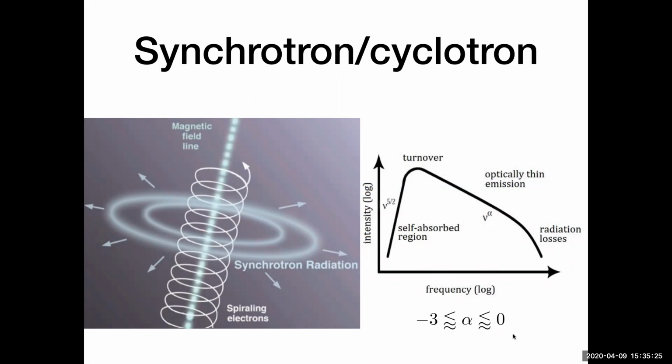And there's some equation relating the power law of the cosmic ray electrons to the power law of the synchrotron radiation. So measuring the synchrotron radiation spectrum tells you something about the underlying population of the cosmic ray electrons. And so this becomes a very powerful tool for probing the cosmic ray physics of whatever system you're studying.